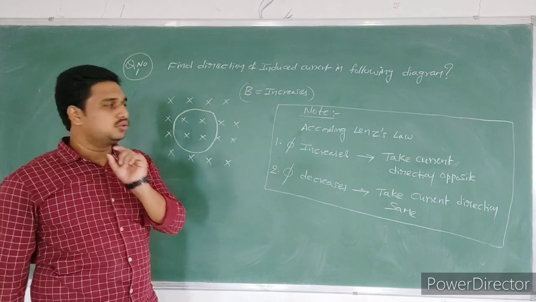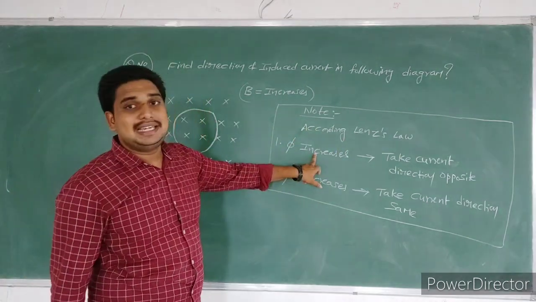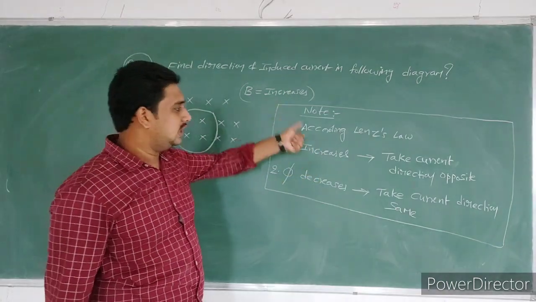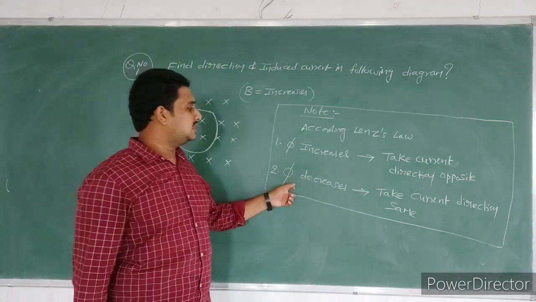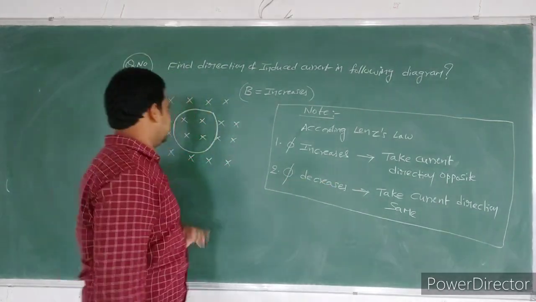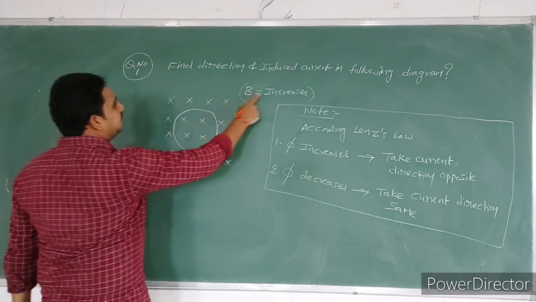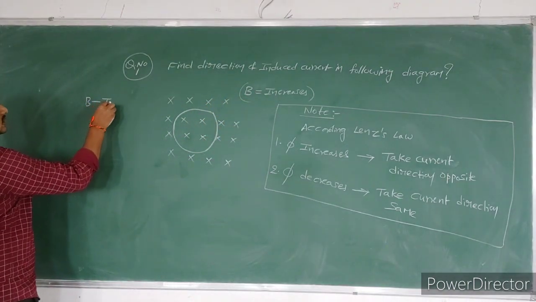So what are those two note points? According to Lenz's law, whenever flux increases, take the current direction opposite. Whenever flux decreases, take the current direction same. For example, here the magnetic field increases.